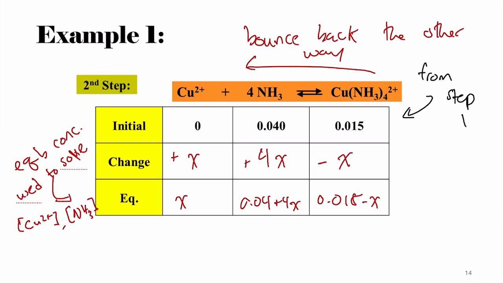Right, so how do we use those equilibrium concentrations to do that? What's our relationship between the equilibrium concentrations and the formation constant? We have Kf.